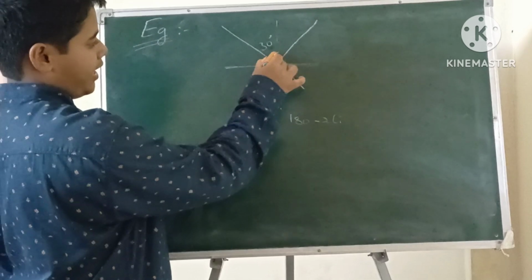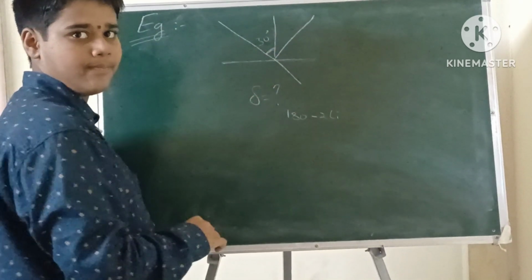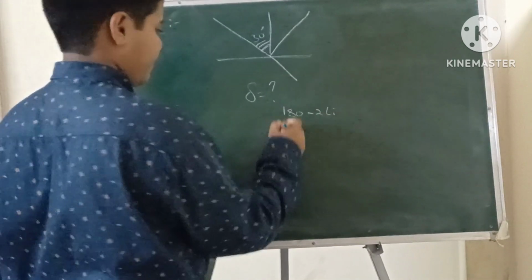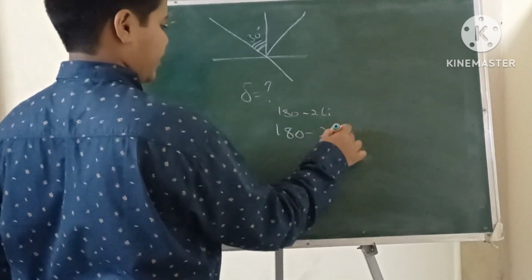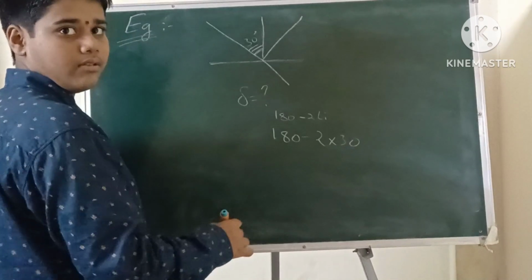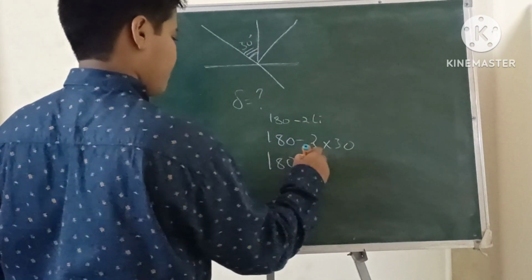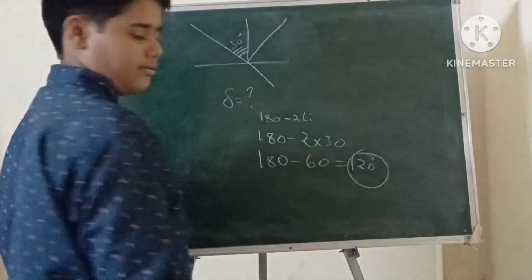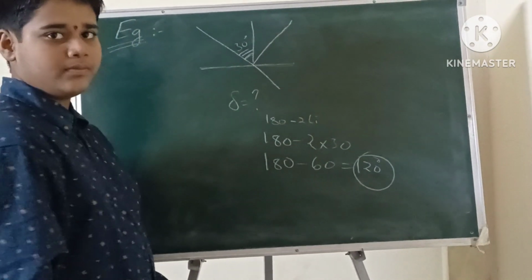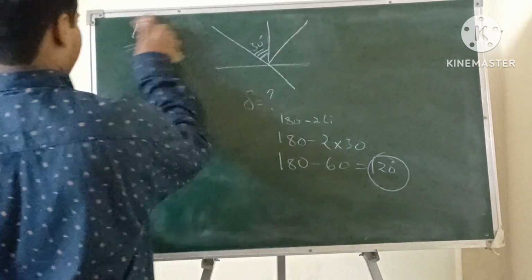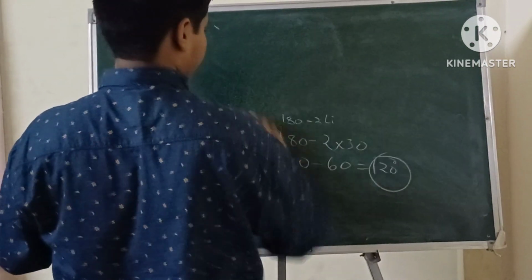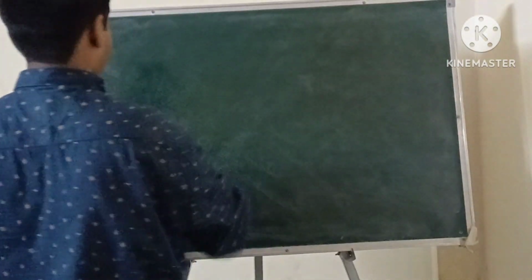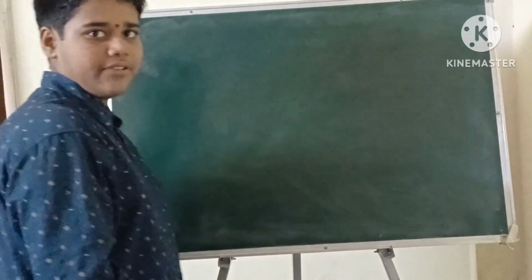Okay, here they gave angle of incidence. Here angle of incidence is 30 degrees. Okay, so 180 minus 2 into 30. Okay, so 180 minus 60, 120 degrees is the angle of deviation. Okay. So this is the angle of deviation.